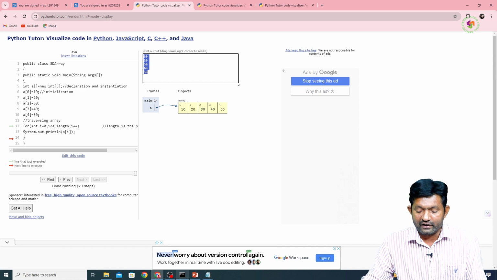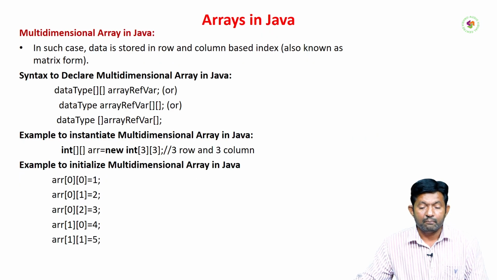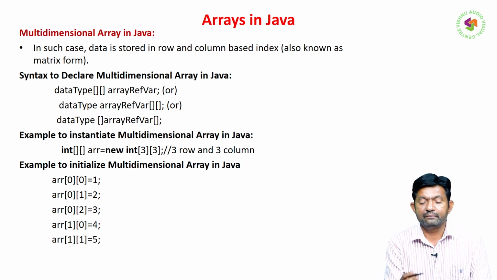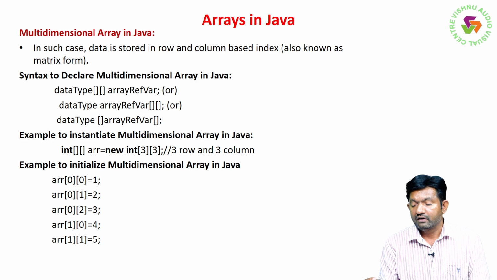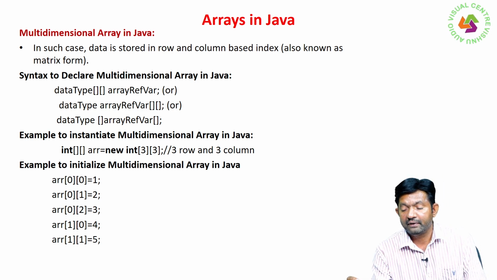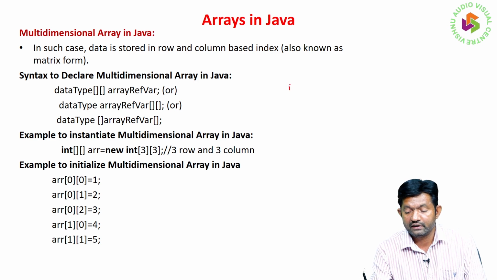Next, we will go for the multi-dimensional array in Java. Before starting the multi-dimensional array, we know about matrix addition, matrix multiplication and matrix representation in our mathematics. Suppose to represent any matrix, we will write like this.